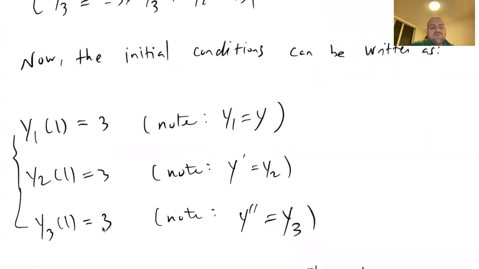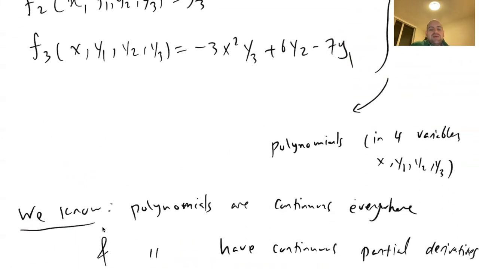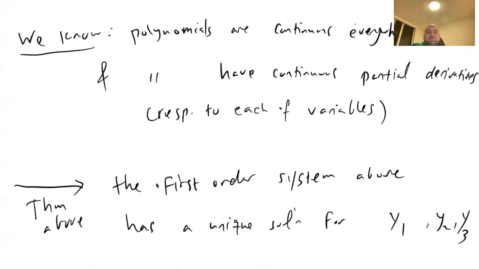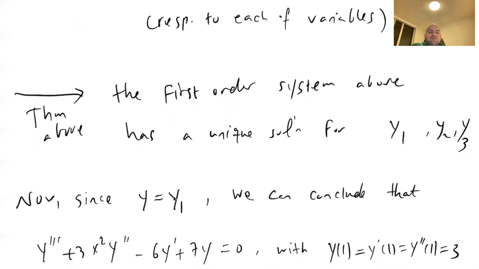Here we have three unknown functions, y1, y2, y3. So we can guarantee existence and uniqueness of solutions for y1, y2, y3. But we know that y1 is the same as y because this is how we define y1. We define y1 as y.